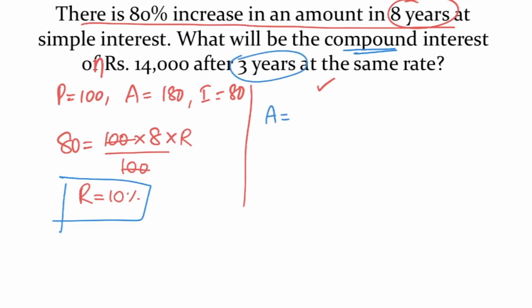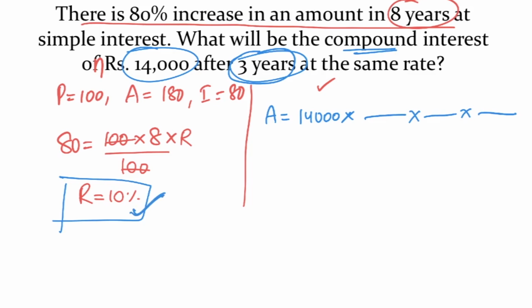So amount is equal to principal 14,000 into time period 3 years, so compound 3 times. Rate of interest is already calculated, 10%. So 110 by 100, 110 by 100 and 110 by 100. 2 zeros cancel each time.